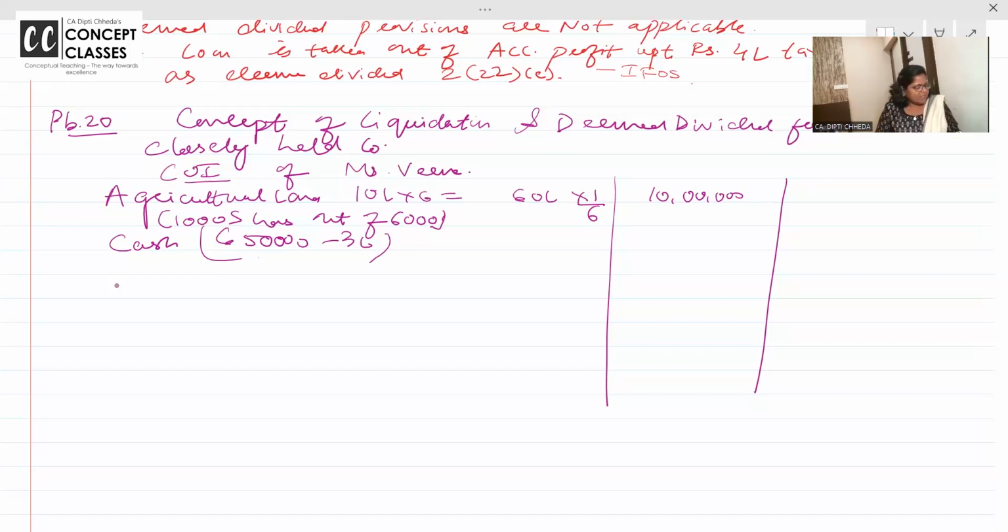Out of 6,50,000, pay 3 lakh tax in cash, the remaining 3,50,000 distribute 1/6. See how much is coming. $58,333.